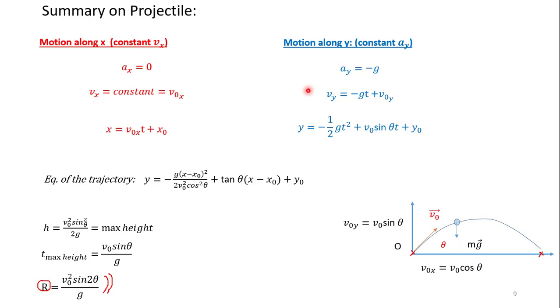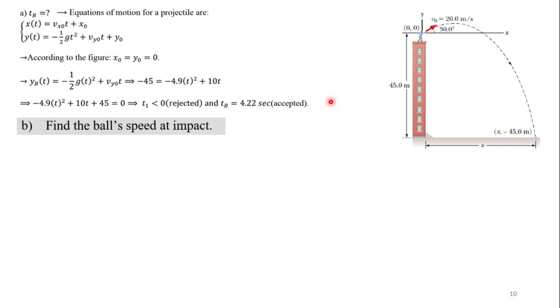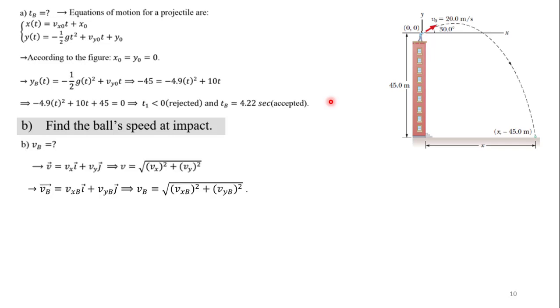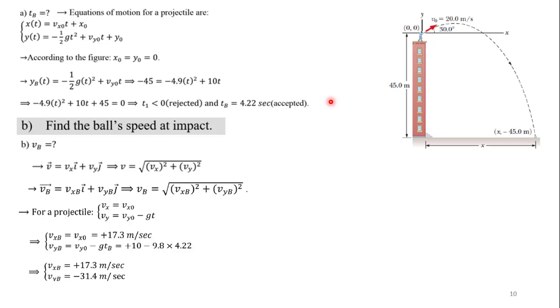We need to use these two expressions: Vx, which is equal to V0x, which we already found, and Vy, which is minus gt plus V0y, which we also found. T is found in the previous question, so we can easily find V. It's just a simple application of the rule.